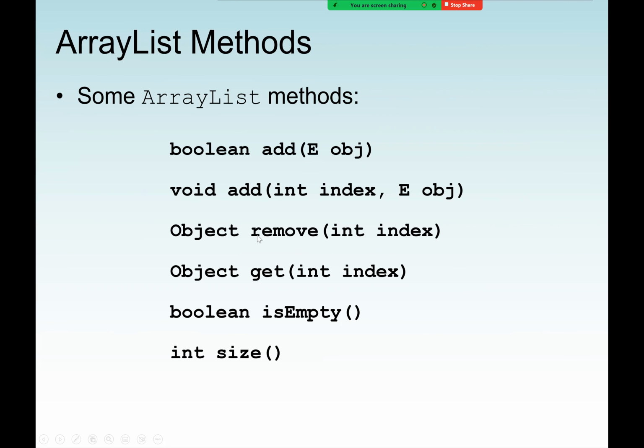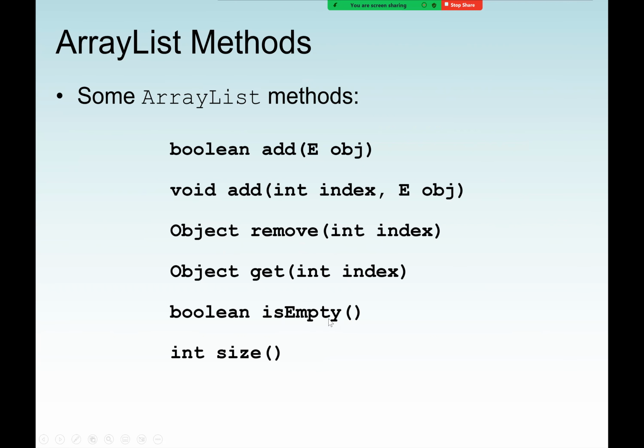Remove: when we remove, it returns whatever object type the ArrayList holds. Or we can also get an item. To get an item we have to specify the index. For example, if the index is 0, then we get the first item. If the index is 1, we get the second item.